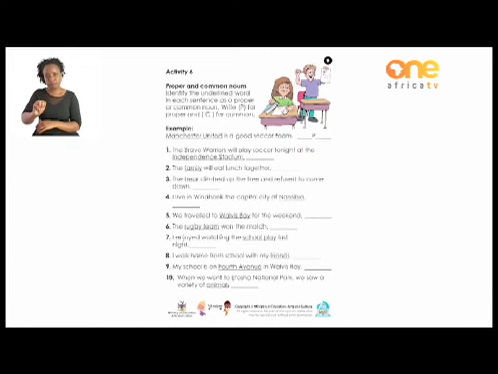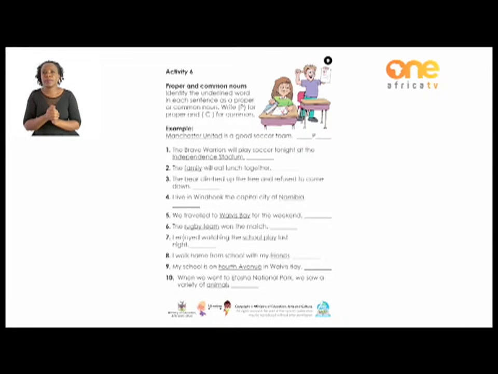You see the way it is written. Capital letter M and capital letter U to show that it's a specific name of a club or a soccer team. So Manchester United is a good soccer team. So in the space provided, there is a P to show that it's a proper noun. Right.